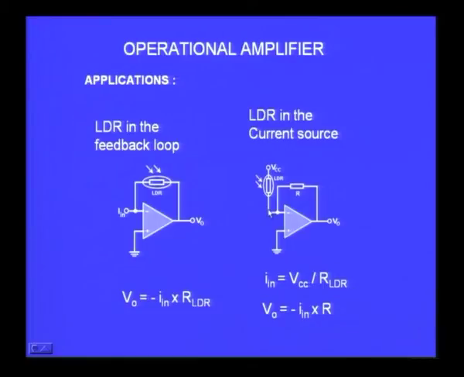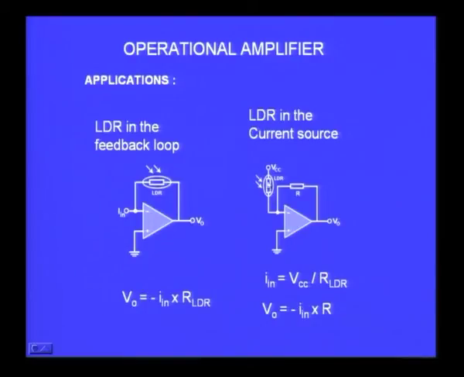So, we can try to apply a voltage to an LDR in dark, so that the resistance is high, voltage can be anything, and because of the large resistance of the LDR you get an almost good current source. So, that is what is exploited here.